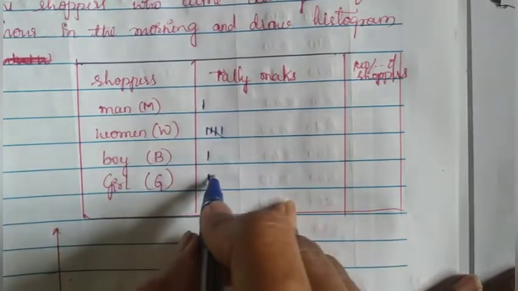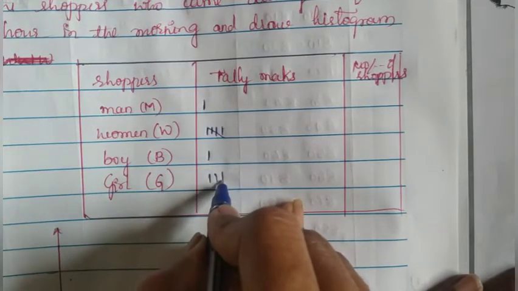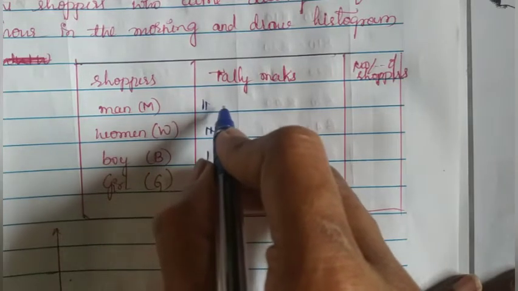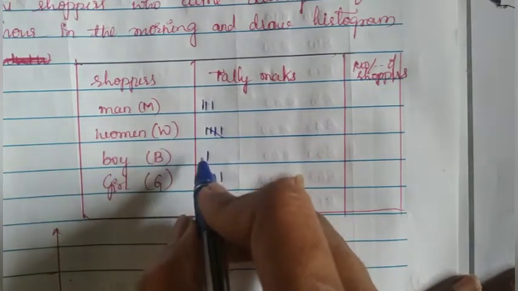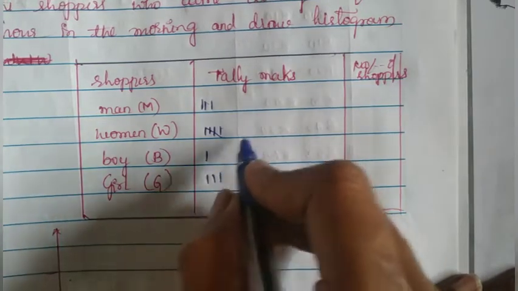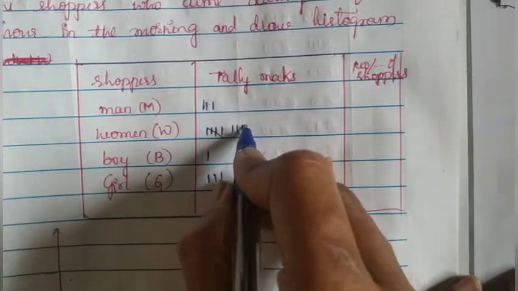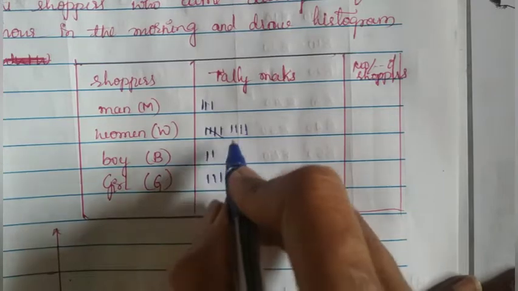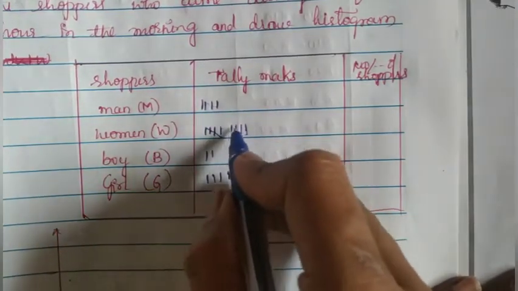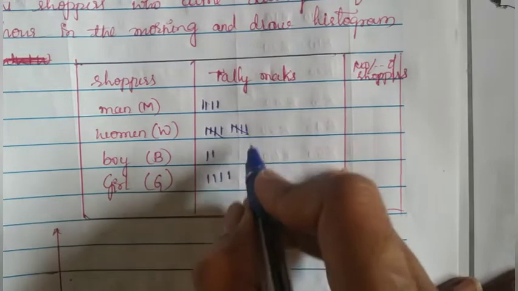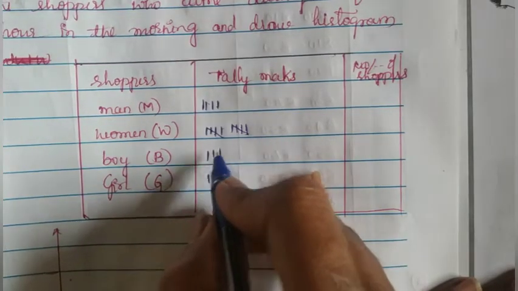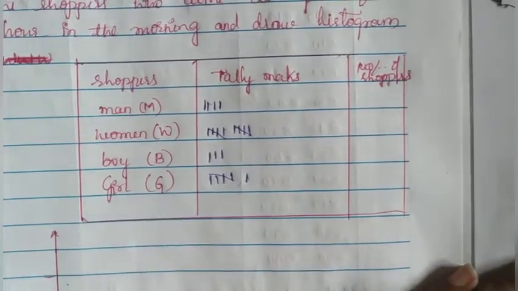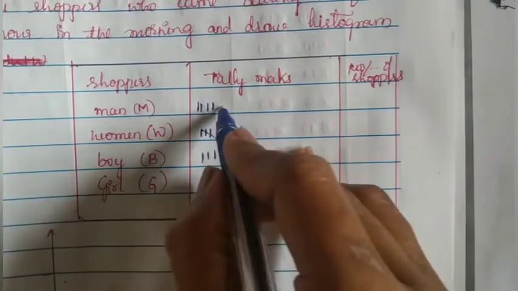Next G, next G. Next M, next M. Next is W. There are 4 W's, write 1, 2, 3, 4. Next is G. Next is B. Next is M. Next is W. And next is B. Next 2 G's are there. Next M, next M.